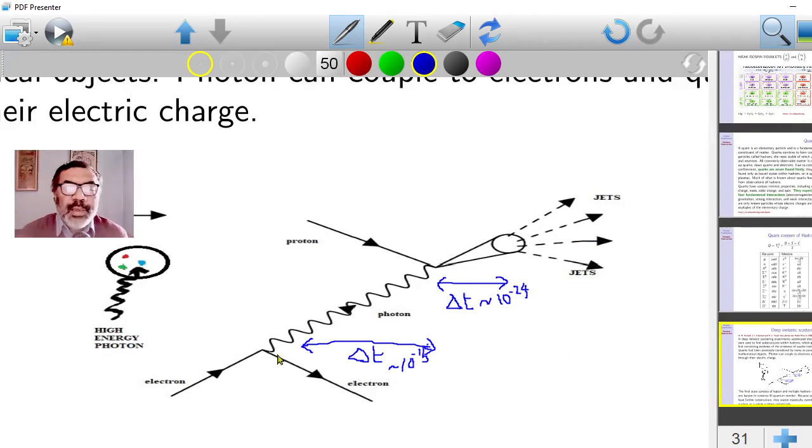This is the time direction and this is the space direction. That means this electron is coming in the positive x direction and returning in the negative x direction. The proton is coming in the negative x direction, and these jets are scattered in all possible directions.